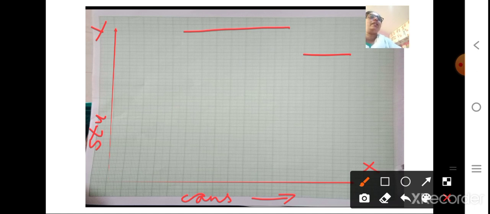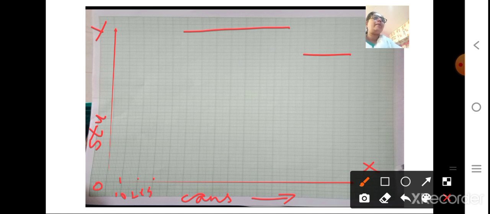Now here we will plot the number. In the vertical bar graph, we had plotted the number on the y-axis, but while drawing it for the horizontal bar graph, we will plot the number here on the x-axis. So this will be 10, 20, 30, same way till 60.